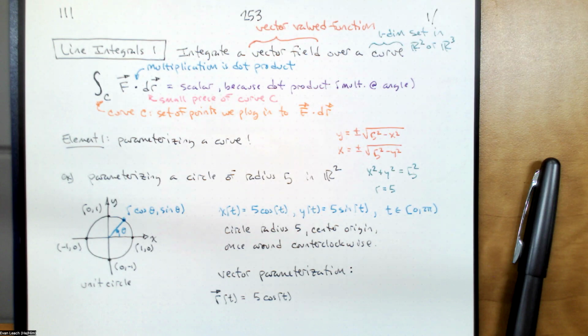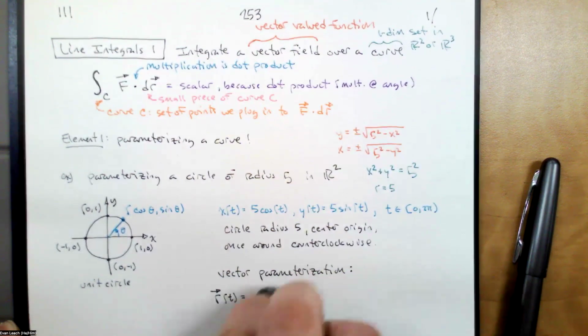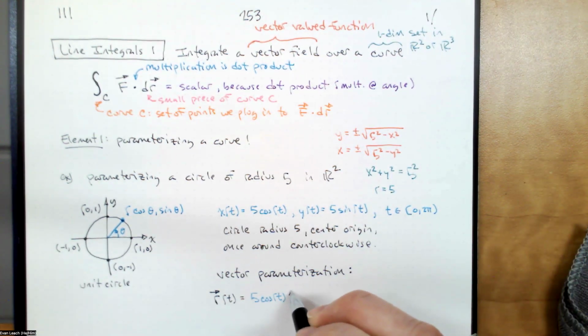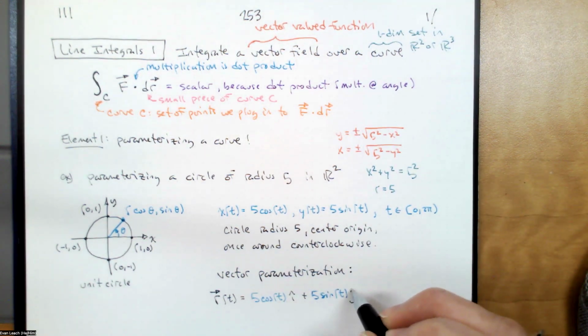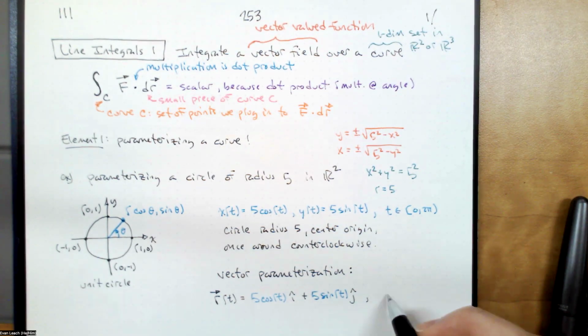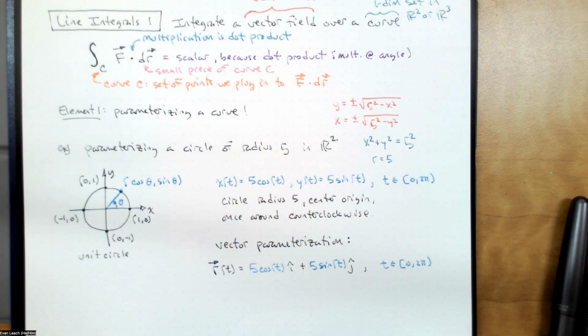Color code where things come from. They contain the same information.